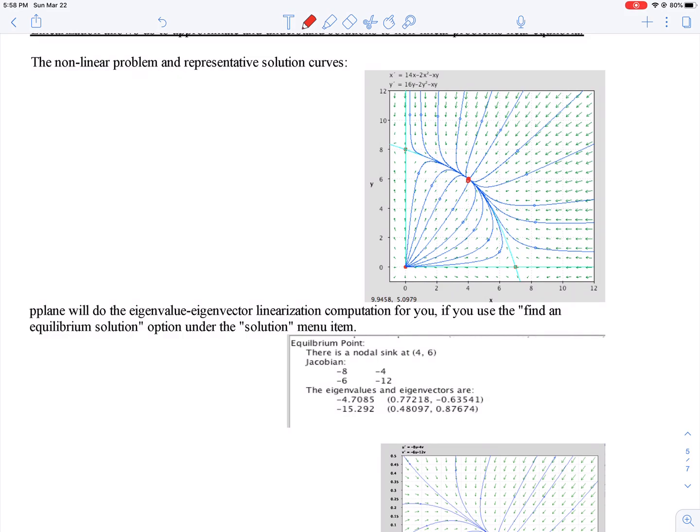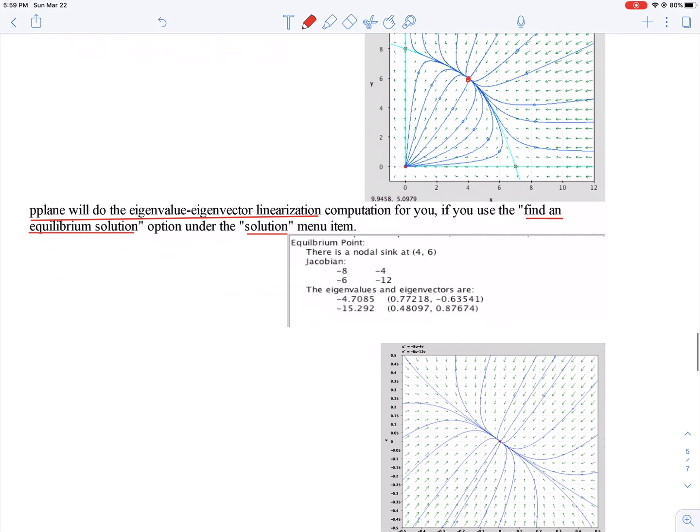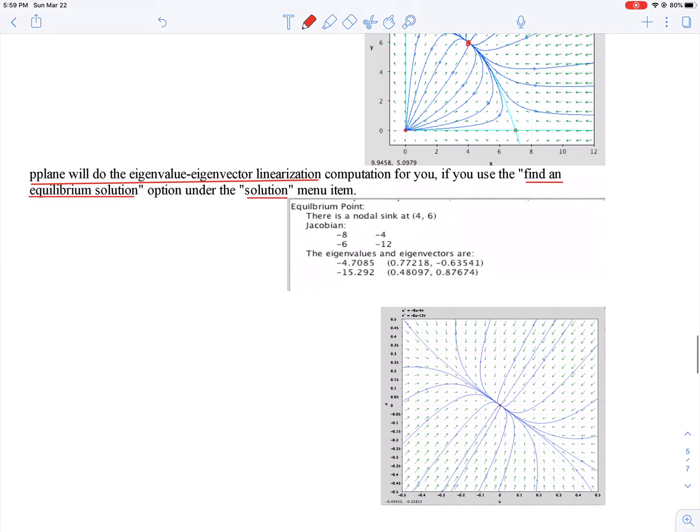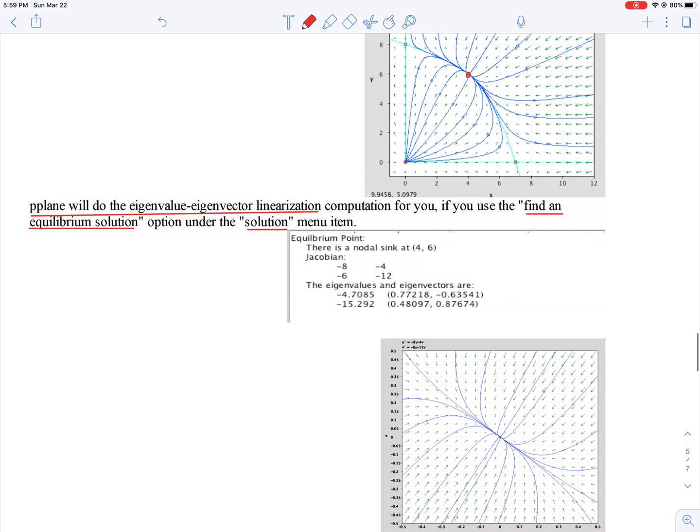If you want p-plane to do the linearization for you, first go to the solution menu item, and in that menu there is "find an equilibrium point." It will ask you to click near the equilibrium point. It will try to find it for you, and then it will compute the Jacobian matrix and the eigendata right here.